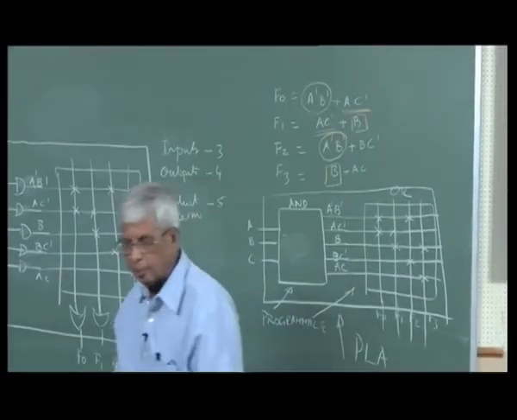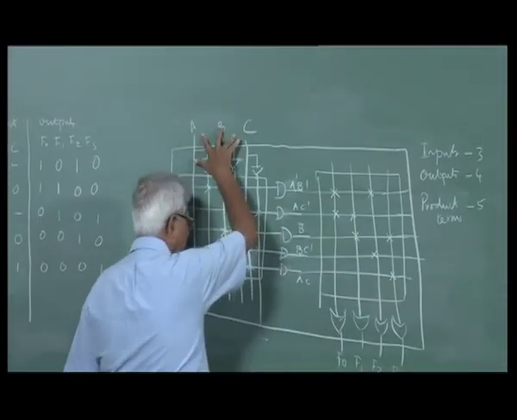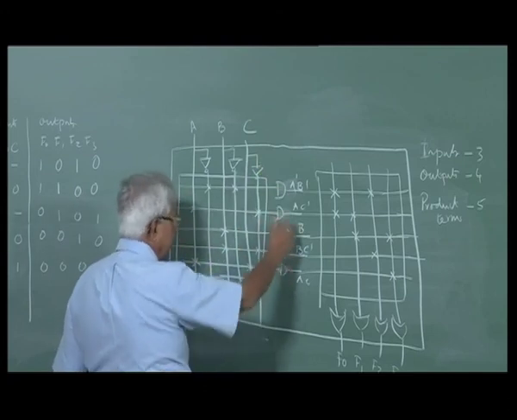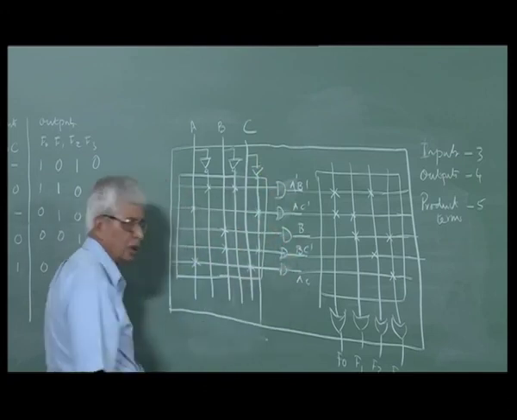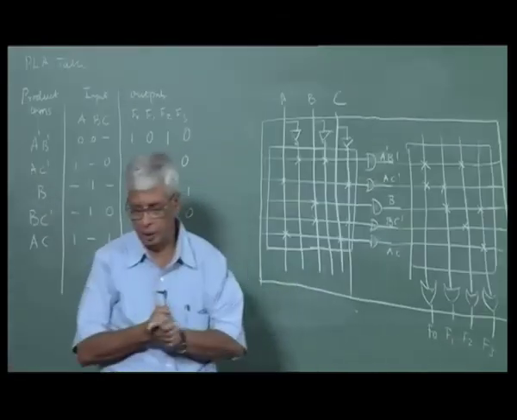When I reduce the number of product terms, anyway all the 3 inputs have to be given, all the inputs. The number of AND gates required will be smaller if the number of product terms is smaller. So, we will do an exercise of that type.